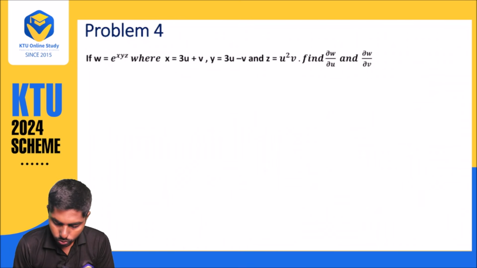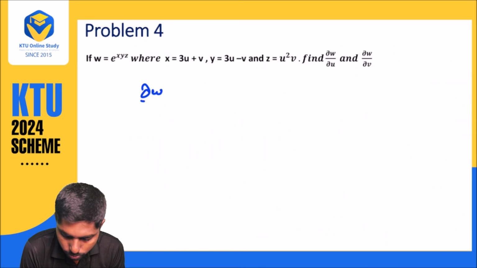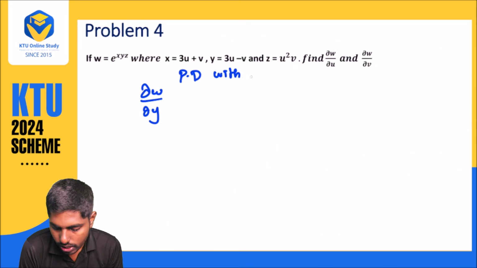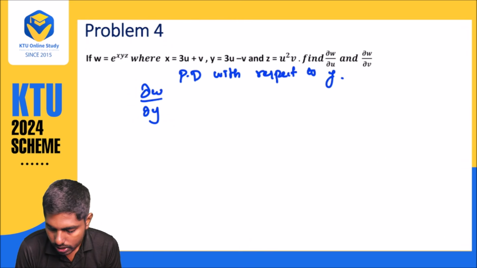Now the partial derivative dou W by dou Y, with respect to Y, where x and z are constants.